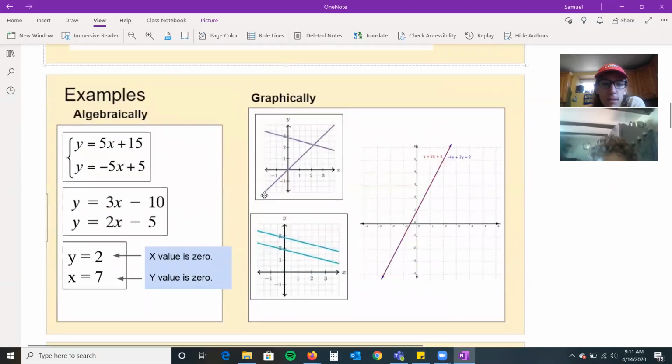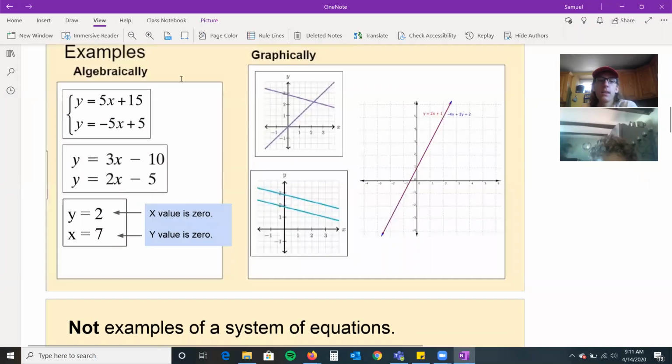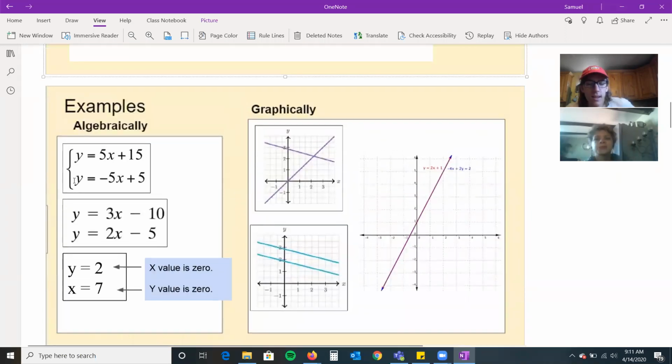Some examples of what this looks like algebraically. It could look anything like these 3 or even more.